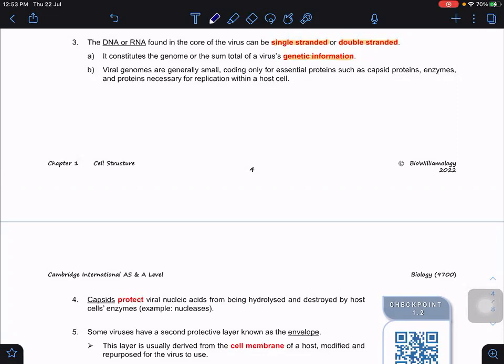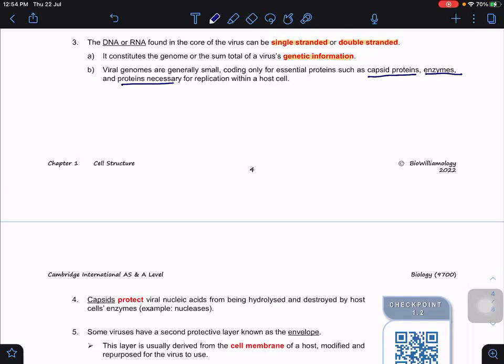So what kind of protein is needed for the virus? For example, capsid protein, the protein coat, enzymes, and the proteins necessary for replication within the host cells.